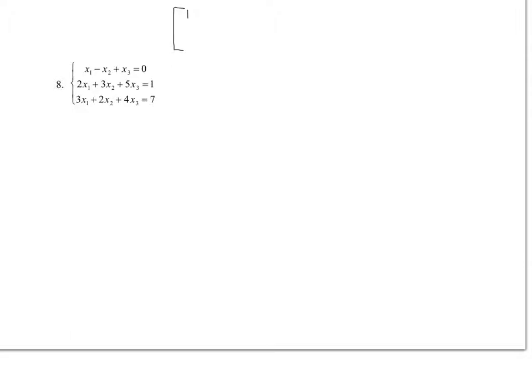My top row is 1, -1, 1, and then I have my 0. My second row is 2, 3, 5, and 1. My third row is 3, 2, 4, and 7.